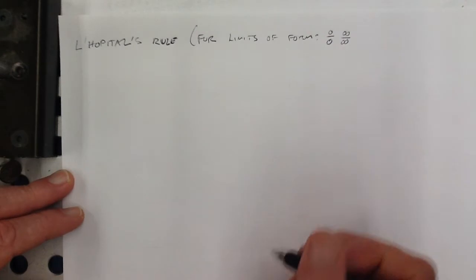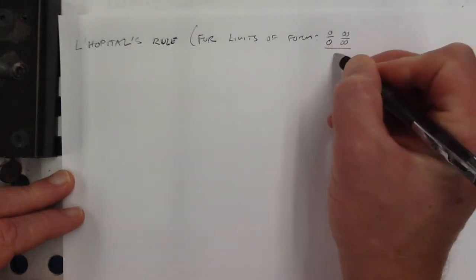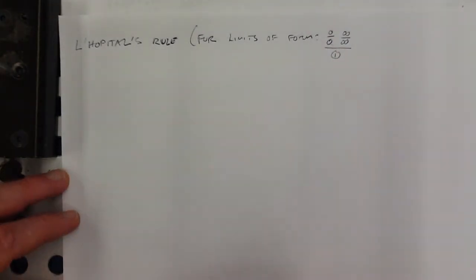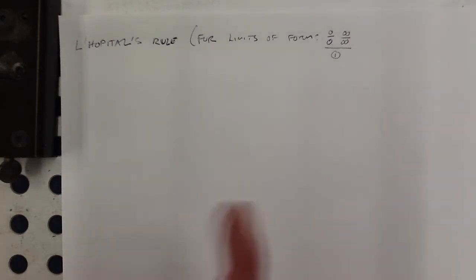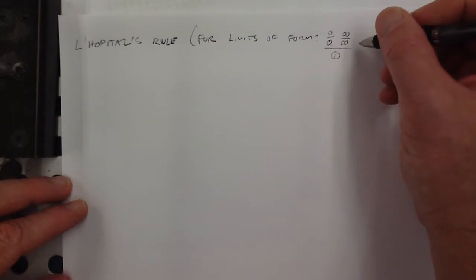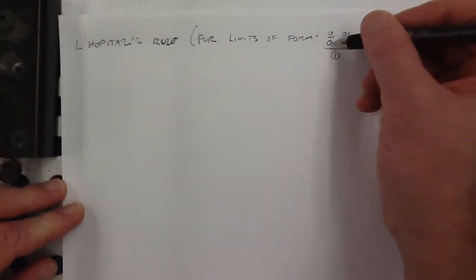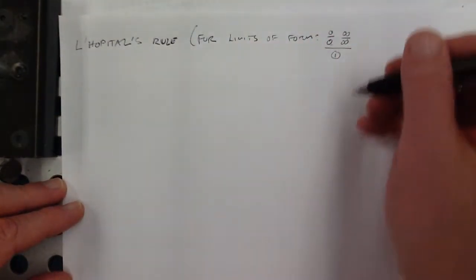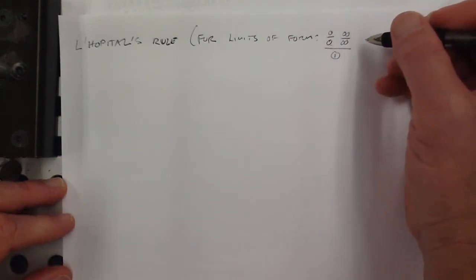Then you are ready to go with L'Hopital's rule. That's like L'Hopital type 1. You just take the derivative of the top and bottom, not the quotient rule, and throw it down. And if you get 0 over 0 again, you just do L'Hopital again and hope for the best.